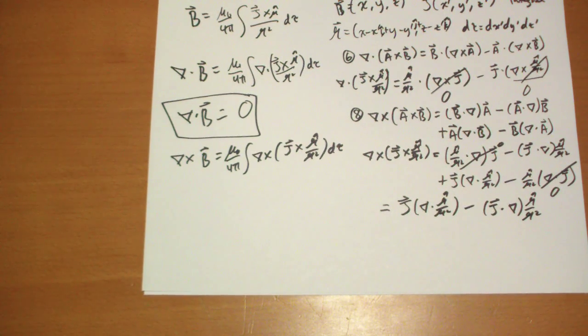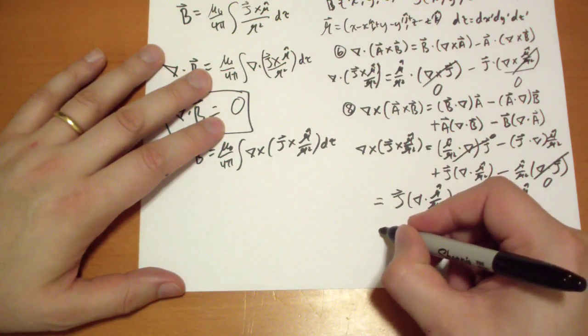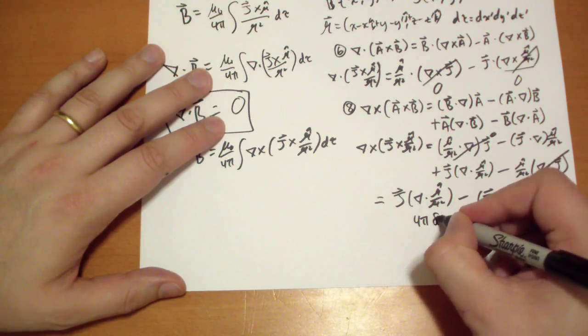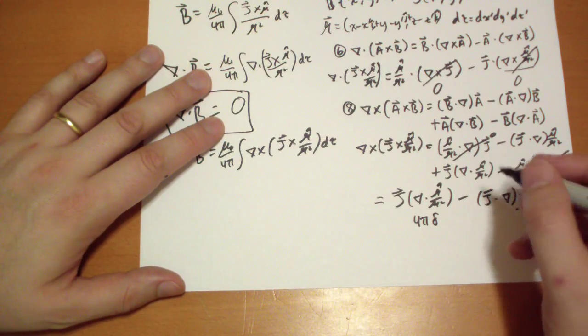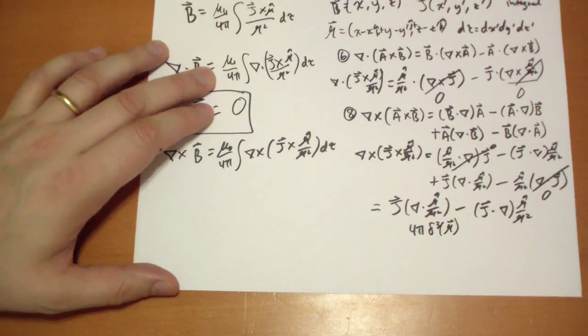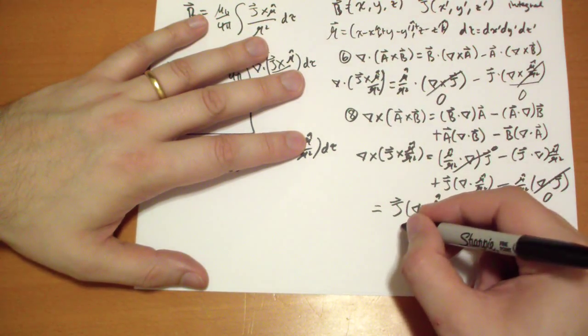The divergence of r hat over r squared, we did an entire section on this in chapter 1. The answer is the divergence of r hat over r squared is 4 pi times the Dirac delta function in 3 dimensions of the r vector. This is just J times that.